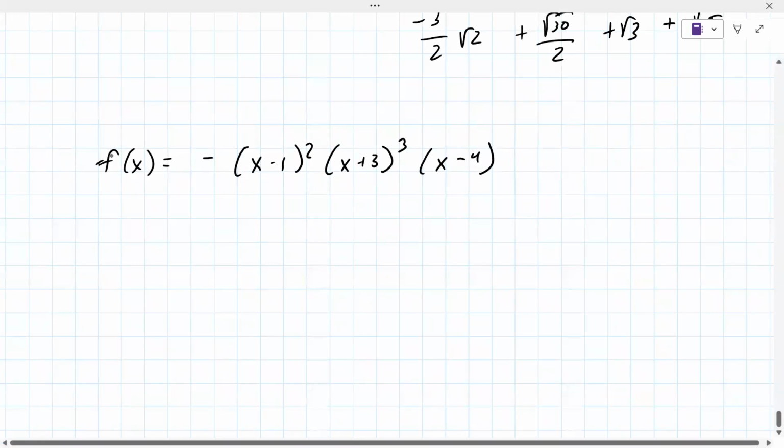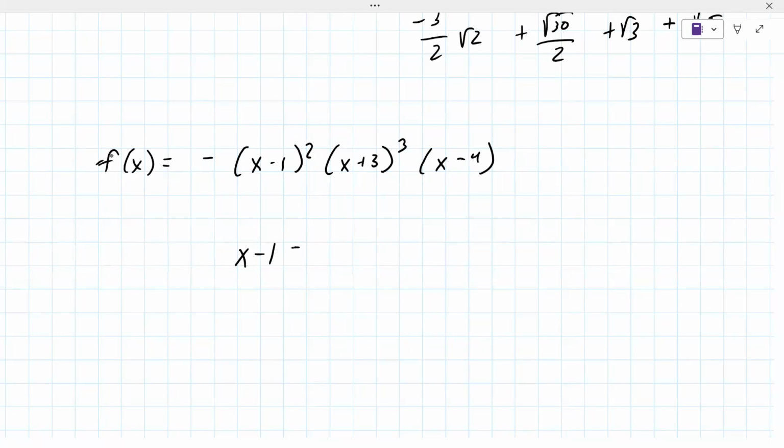The zero factor property says that you set each factor equal to 0. So x is 1, x is -3, and then x is 4.